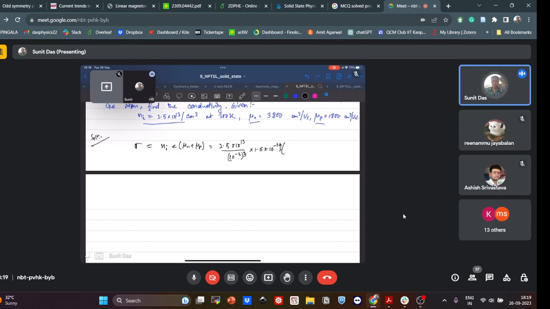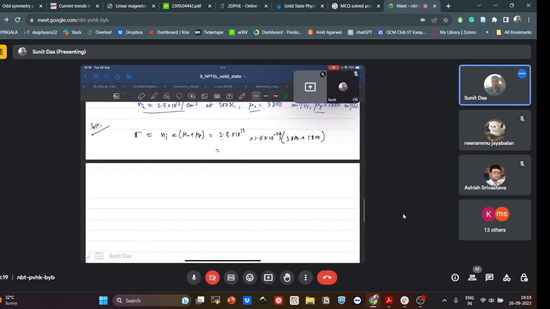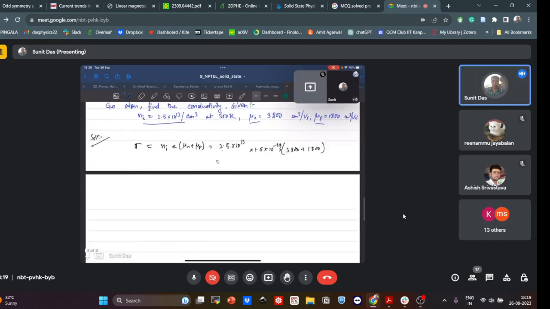We may not convert that because everything is in cm cube. So effectively it will be again in SI, because the cm cube here and there will cancel out.